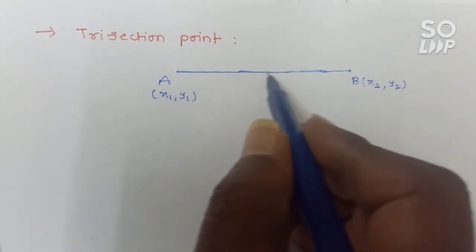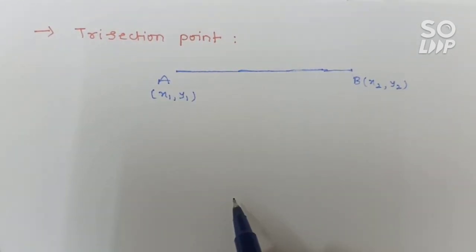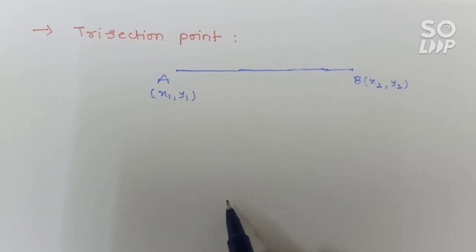The points which divide AB internally in the ratio 1:2 or 2:1 are called trisection points.